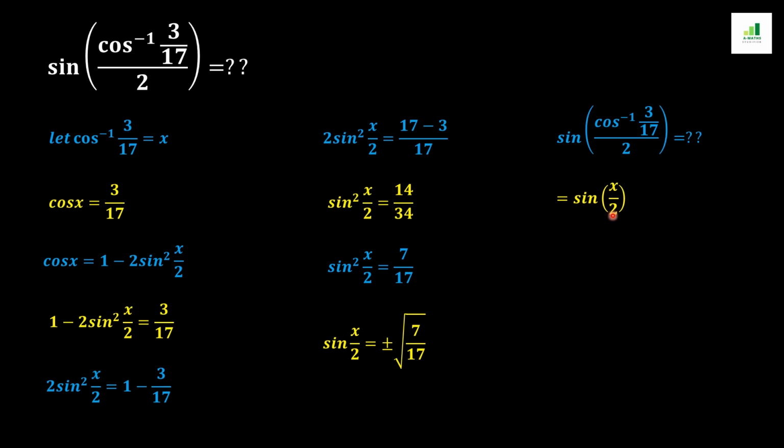And as we know from our simplification, sine x by 2 is equal to plus minus under root 7/17. So here we replace this value. And as a result, we will get plus minus under root 7/17, and this is the answer for this expression, or this is the simplified form for this expression.